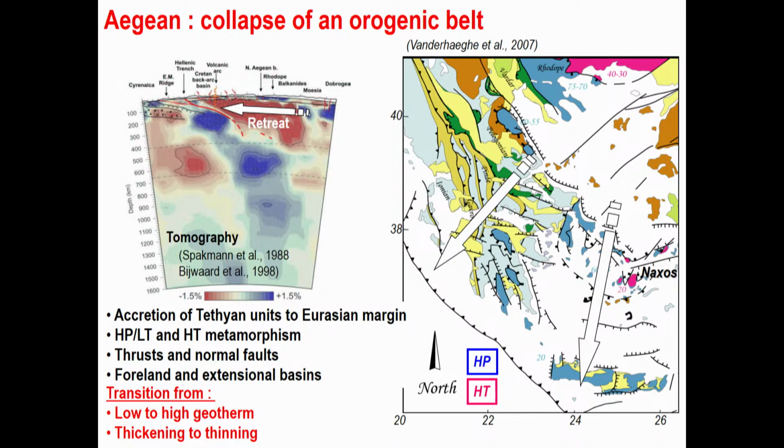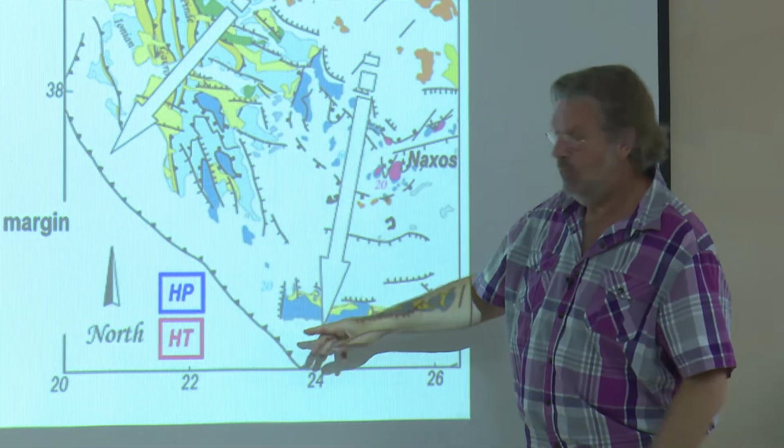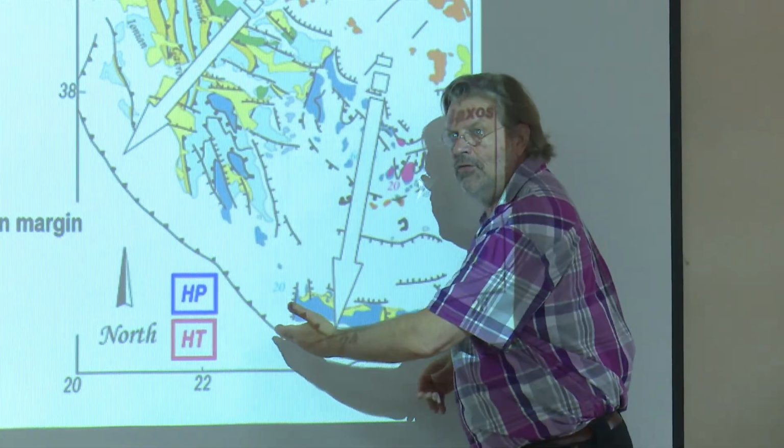So here basically we have evidence for accretion of Tethyan units to the Eurasian margin: continental ribbons, oceanic crust, making sutures that form this orogenic belt. The current day trench is here. That's the one that accommodates current day subduction.